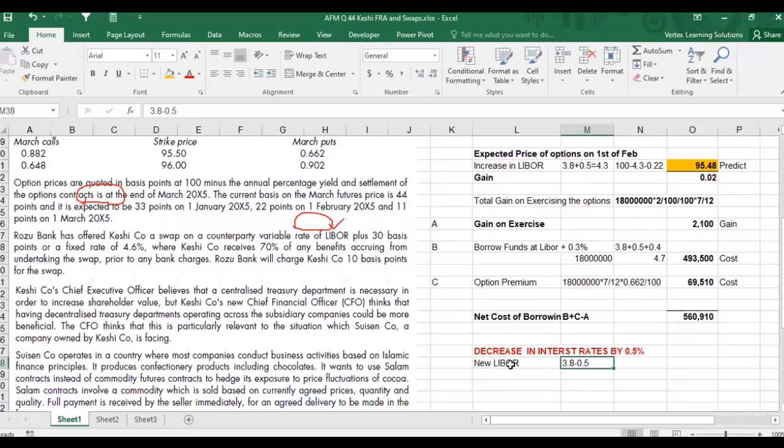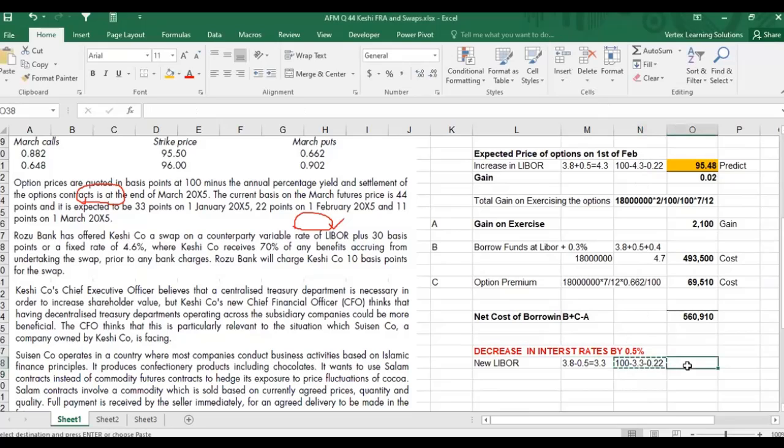So then what will happen? This thing actually will remain the same. My new LIBOR will become 3.8 minus 0.5, which is 3.3. And here I would write down 100 minus 3.3 minus 0.22. Only these numbers I changed, if you pay attention. From 4.3, I made 3.3, because one time it was going up, now I say it goes down.